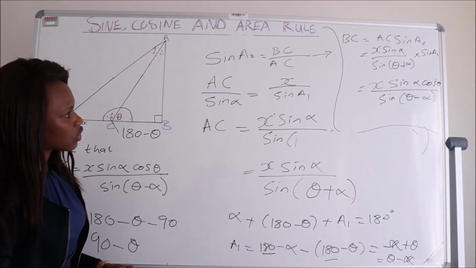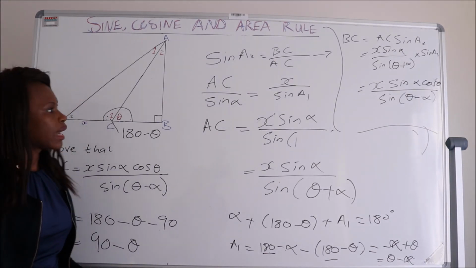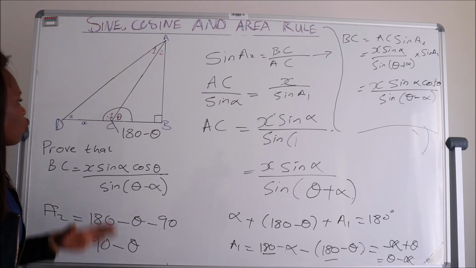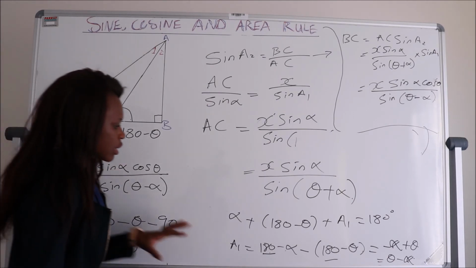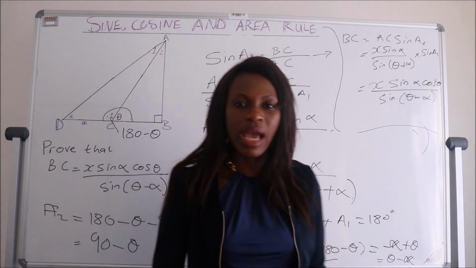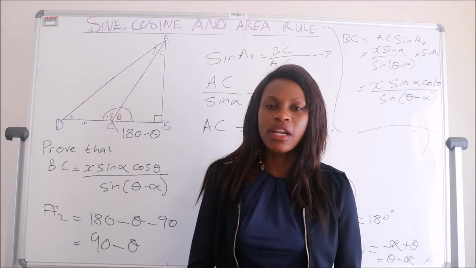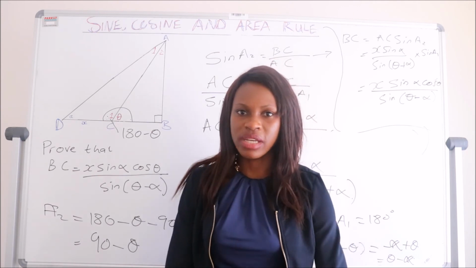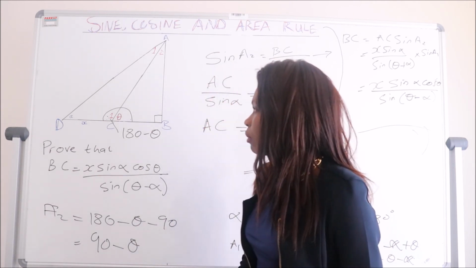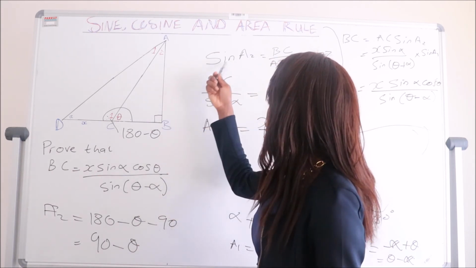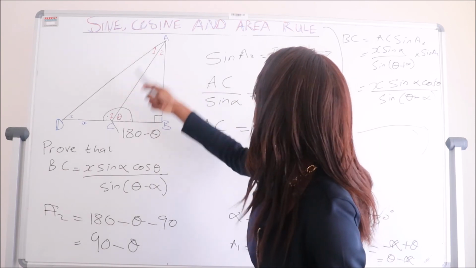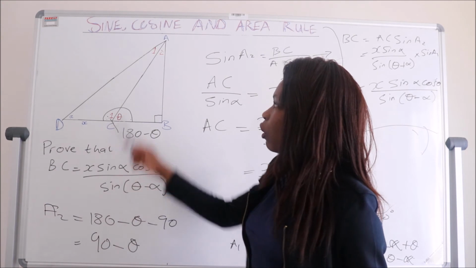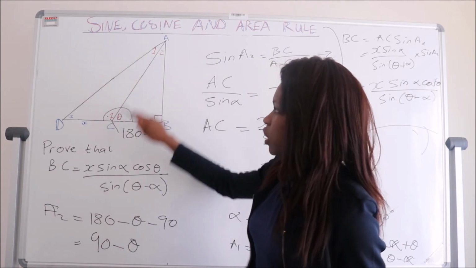Alright guys, we have just completed answering the question, and I hope you understood everything. Just always remember to write everything, because it was not a hard question. It's just that we are answering the question using variables, so it can be very tricky. But always remember to write that the sine of A2 is equal to the opposite, which is BC, which is what we're looking for, divided by the hypotenuse, which is AC.